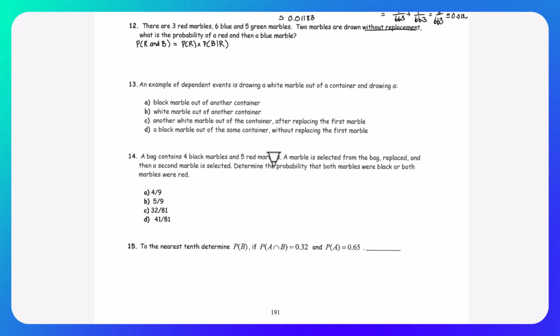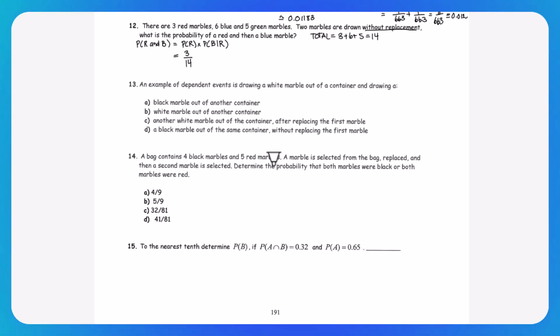We also need to know the total of the marbles, and that is 3 plus 6 plus 5, which is 14. 14 marbles in total. So when we're looking at the probability of the red, we put in 3 red marbles over the total number of marbles, which is 14.